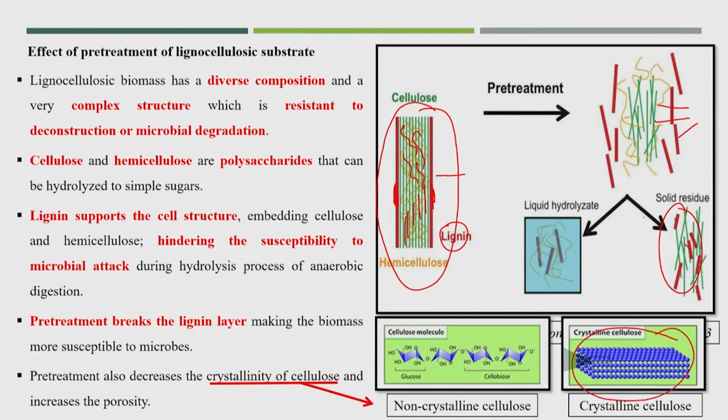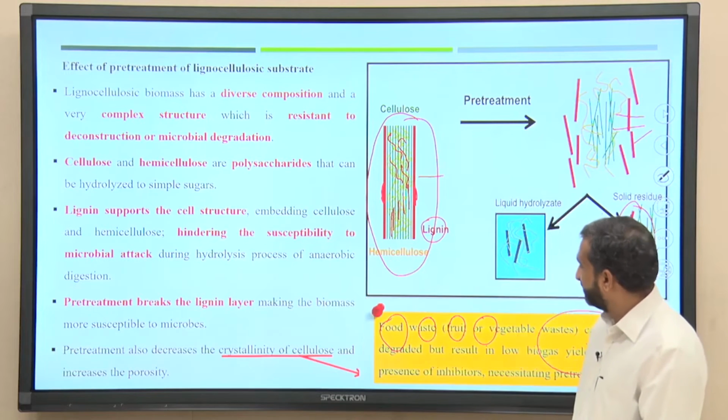Attack from the bacteria is very difficult in this kind of crystalline structure, but because of pretreatment this entire crystalline structure will convert into a non-crystalline structure. Now here the organic part is separated and can be easily targeted by the microbial degradation process. So, this is another benefit of the pretreatment process.